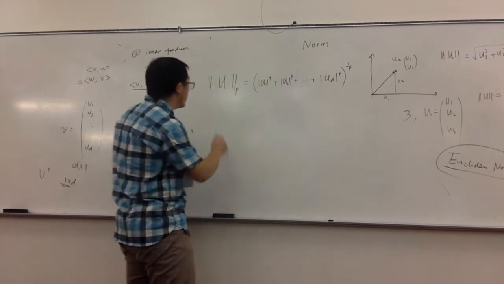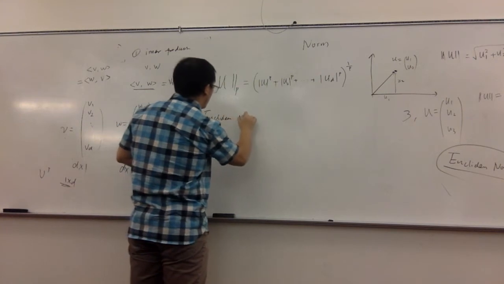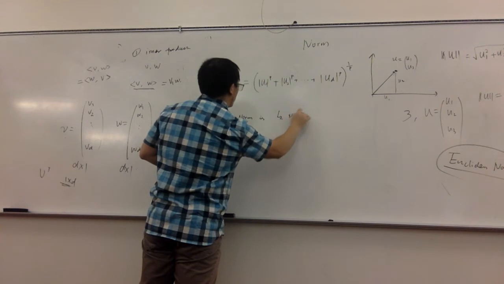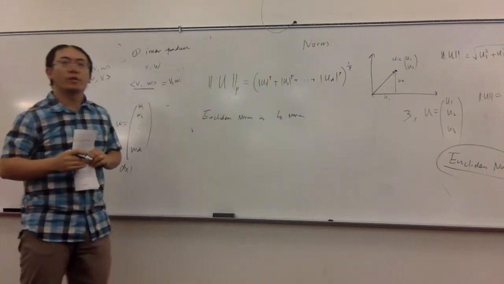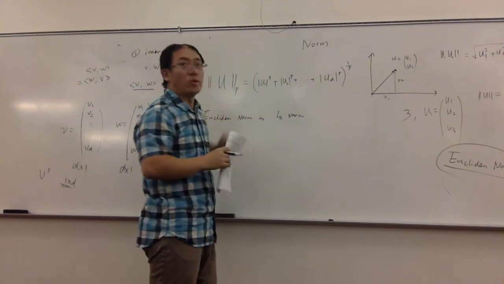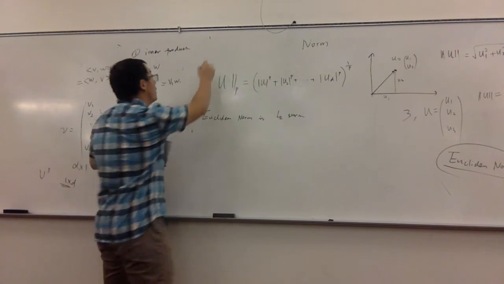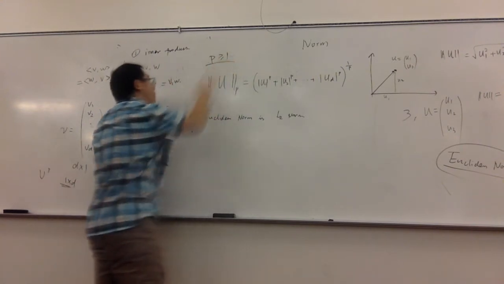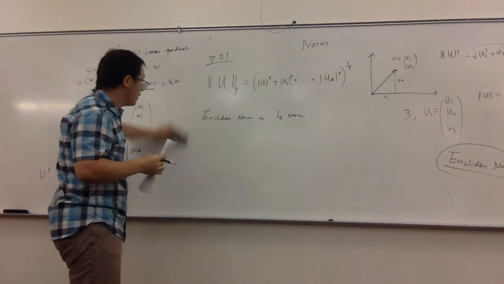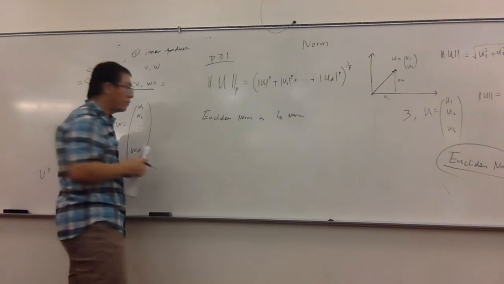So actually the Euclidean norm is the L2 norm. But of course, we can use arbitrary P, but P must be no less than 1. There's a very interesting norm, which is also a special instance of the LP norm, called the infinity norm.